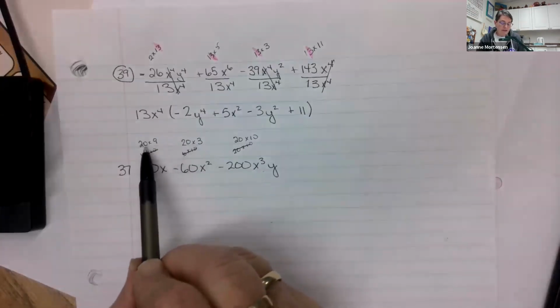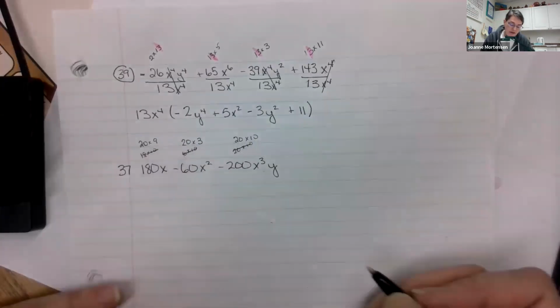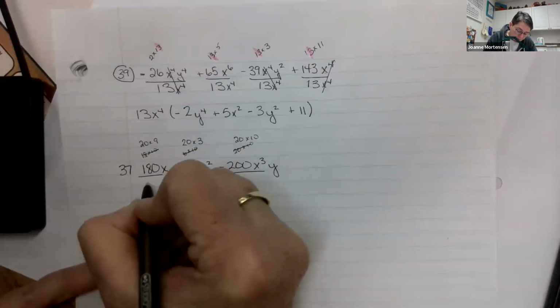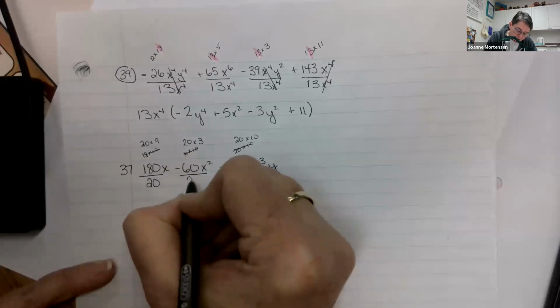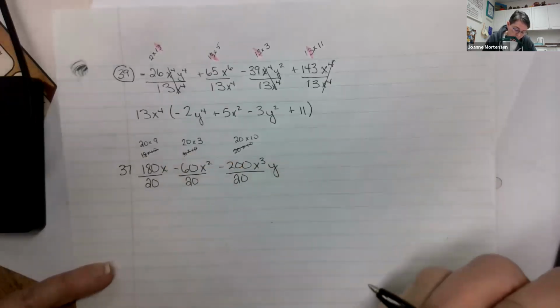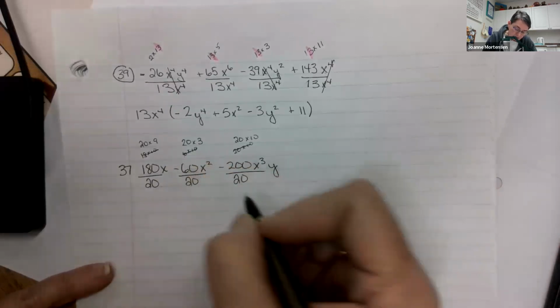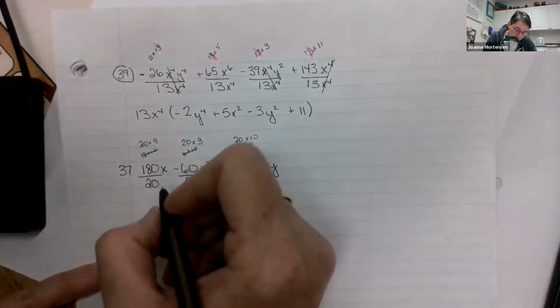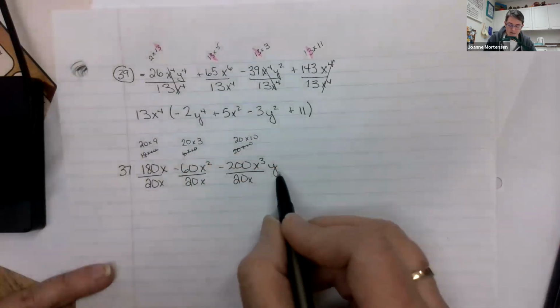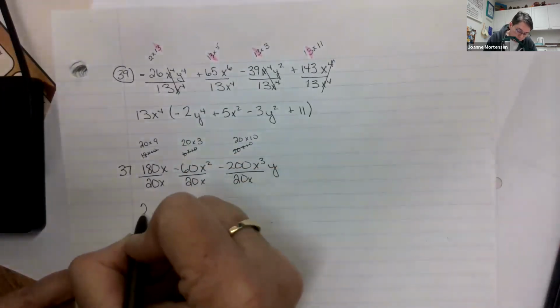So now when I'm looking, I take a common factor. Yeah, we should be good. 20, 20, 20. And an X. Nothing more. No Y's, because there's only one Y over there. So 20X.